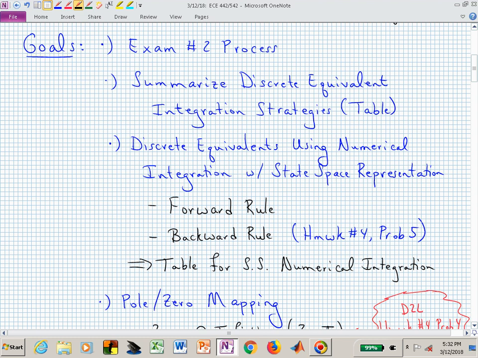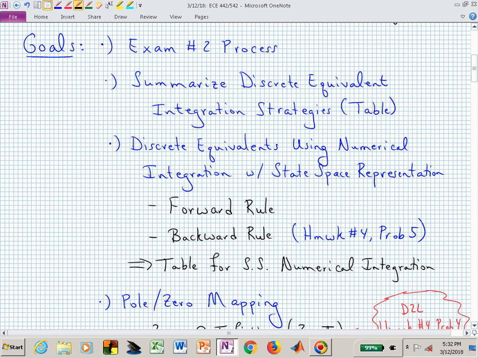Then we will look at doing that same kind of operation in state space systems. And that will be what you'll want to copy for problem number 5 on homework number 4.